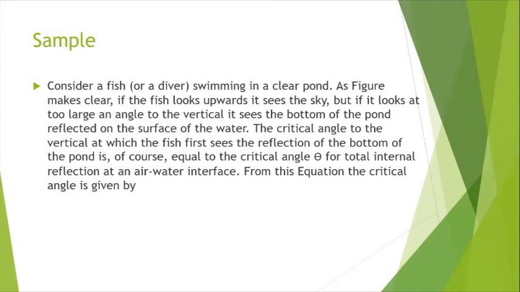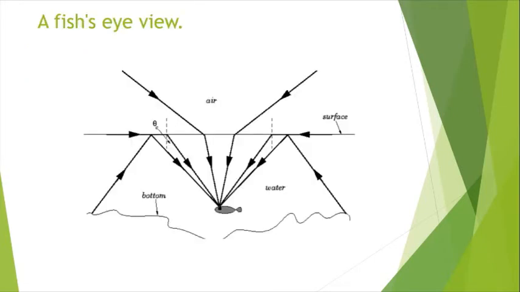Then, from this equation, ito yung magiging formula natin for the critical angle. That will be this one: for example, the air, then this is the surface, then on the left side this is the critical angle, then the bottom, at saka yung water at yung fish. Okay? That is the fish eye view.